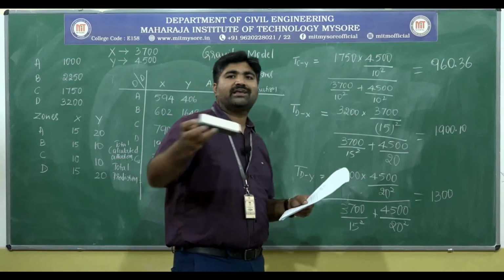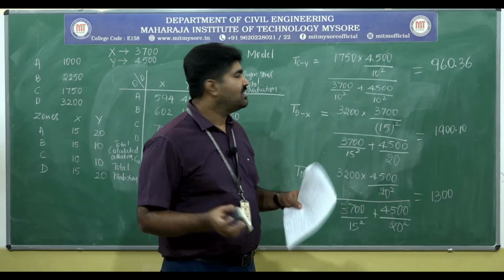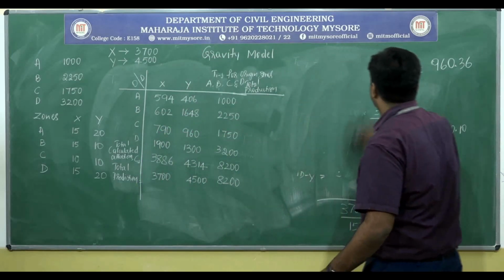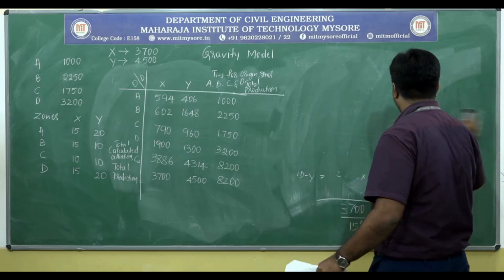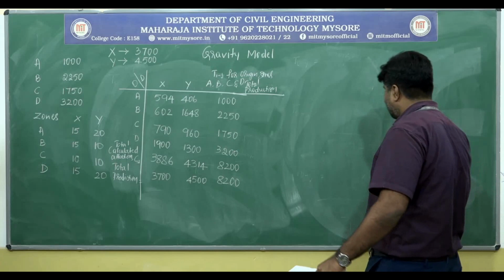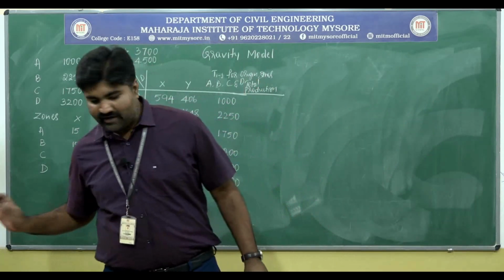Okay, before going to the next iteration we have to apply an adjustment factor for this attraction factor. We have to adjust this attraction factor before going to the next iteration.